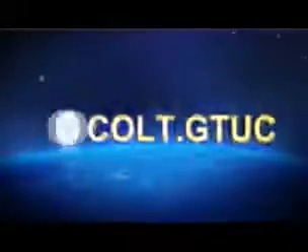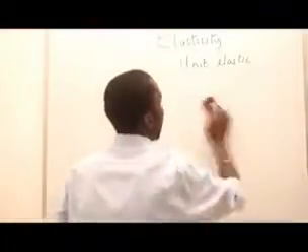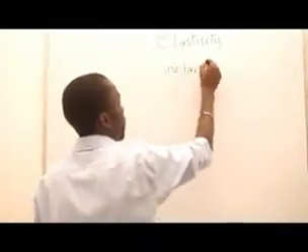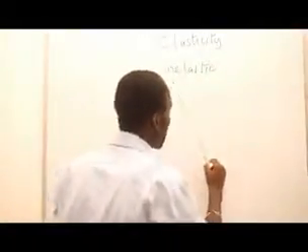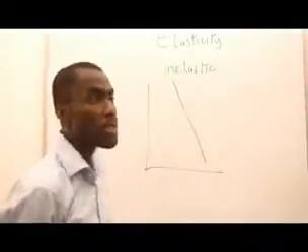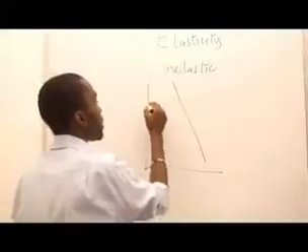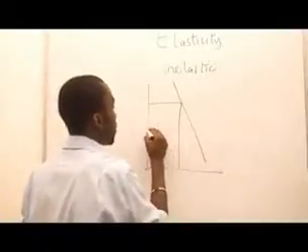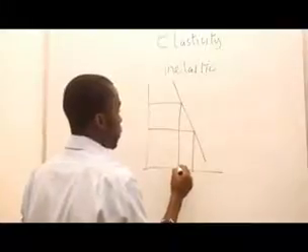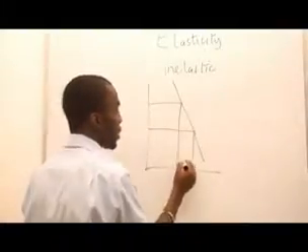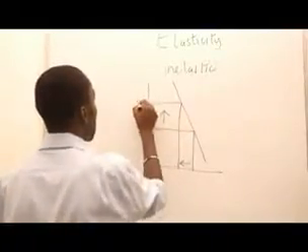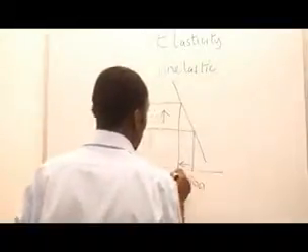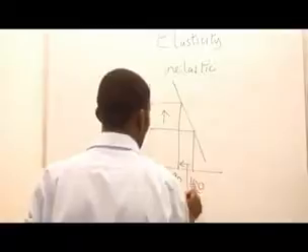Our fourth case is when the elasticity of demand is inelastic or relatively inelastic. Here we say consumers are not so much responsive to price changes, so that when price increases, consumers' reduction in quantity will be less than the price increase. So we have a case where price increases from 4 to 5, but quantity only decreases from 100 to say 90.